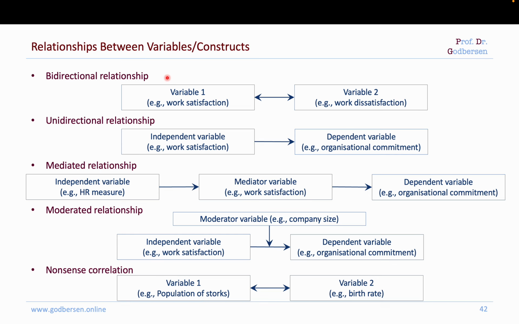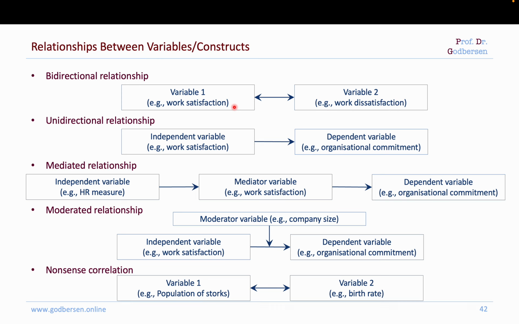Statistically not entirely correct, but you can think of this as one variable is the cause, and the other variable is the consequence or the effect. For instance, work satisfaction and work dissatisfaction might be associated. If I have a high work satisfaction, I have a low work dissatisfaction. Or the other way around. If I have a high work dissatisfaction, probably I have a low work satisfaction.